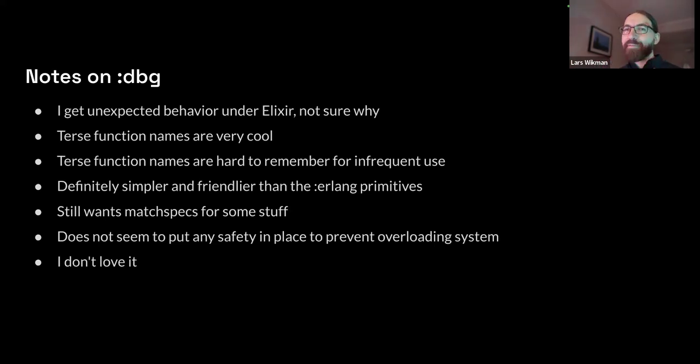I use it when I have a problem that I'm trying to investigate sometimes. And trying to remember how to do any of this at the time of an incident or at the time of troubleshooting a production system at all is annoying. I would say DBG is friendlier and simpler than the Erlang primitives, but it still wants a bunch of match spec stuff to do most things.